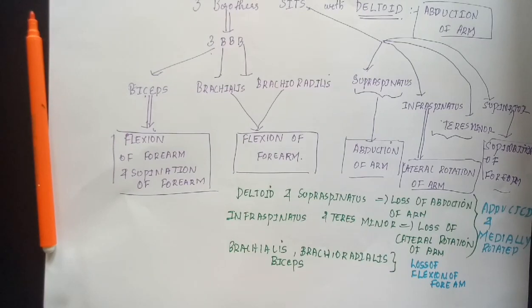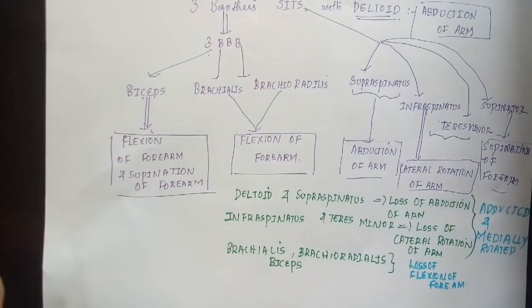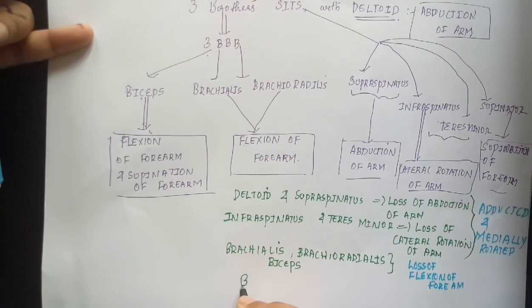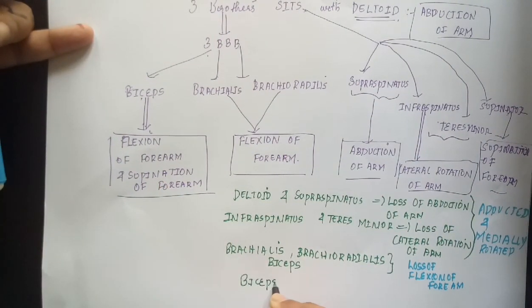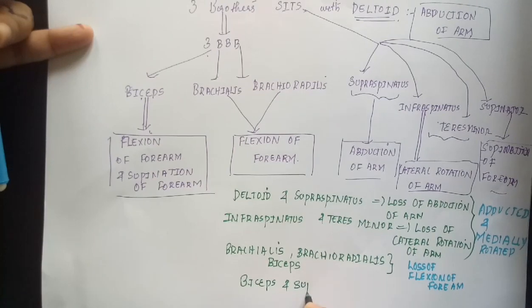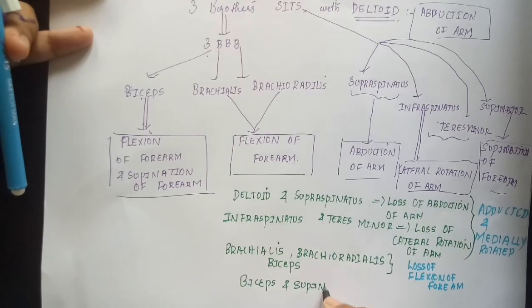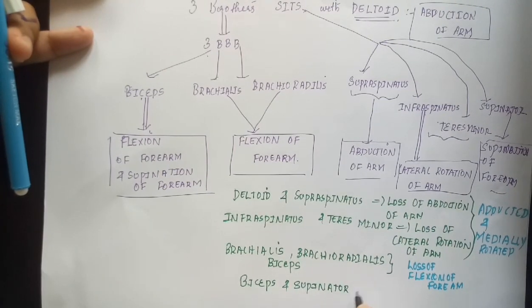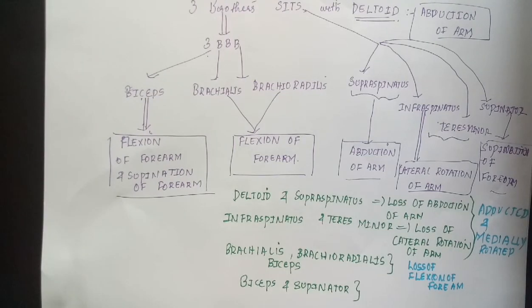And paralysis of biceps and supinator causes loss of supination of the forearm.